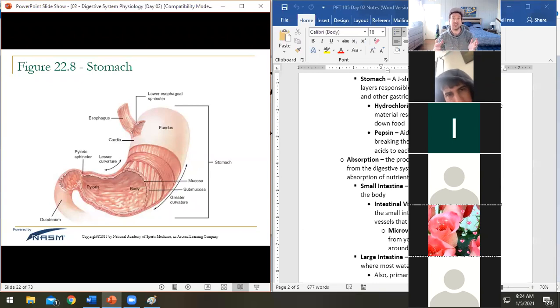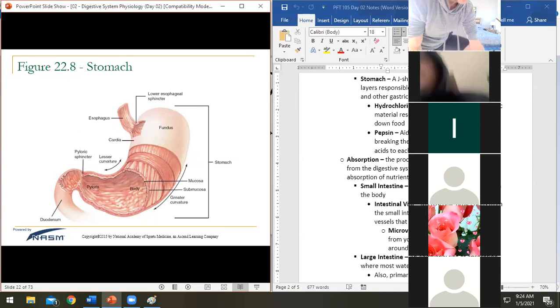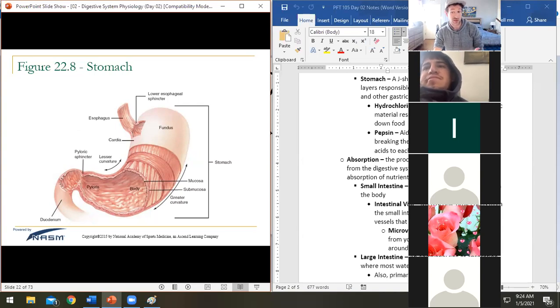It's basically what your poop will become before it's all pressed together and all the water's pulled out of it. But right there, it's this big, wet, soupy mixture, packed full of nutrients. So we want to pull all the nutrients out of that chyme.